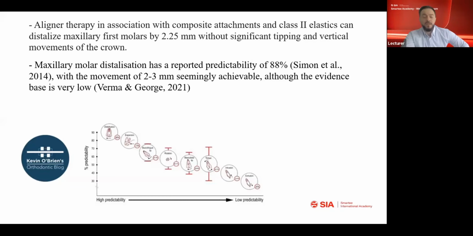Distalization is very predictable with aligners. We can start it from the beginning, and we just need to know how to reinforce the anchorage and how to achieve the distalization more efficiently.